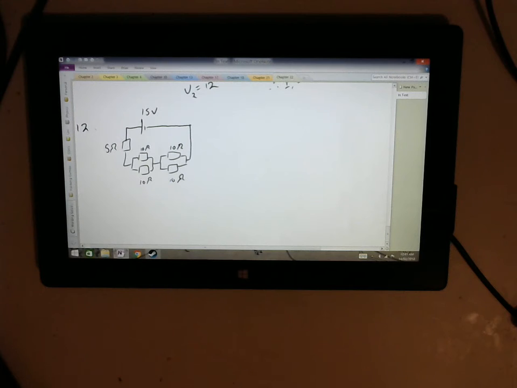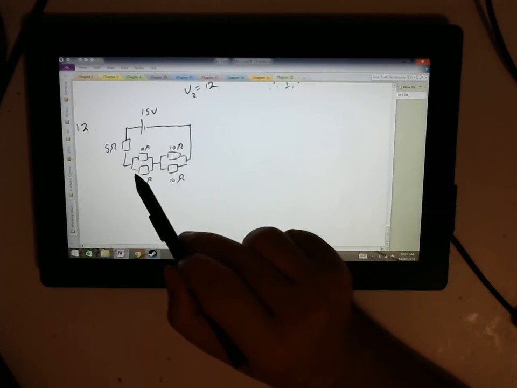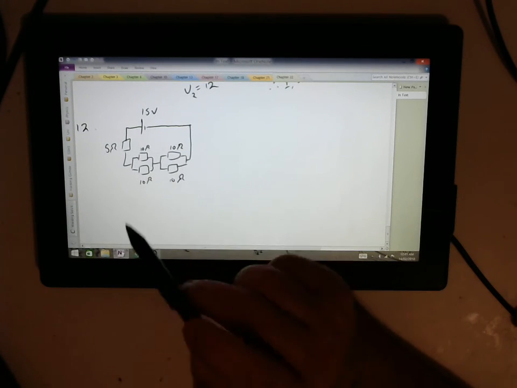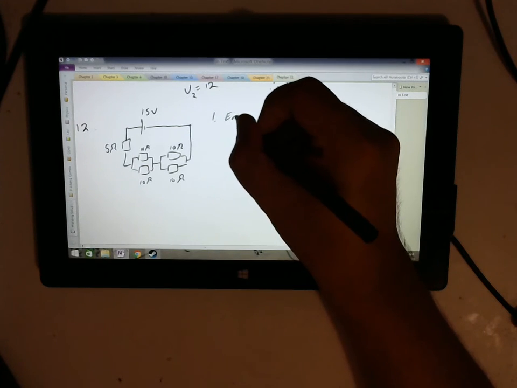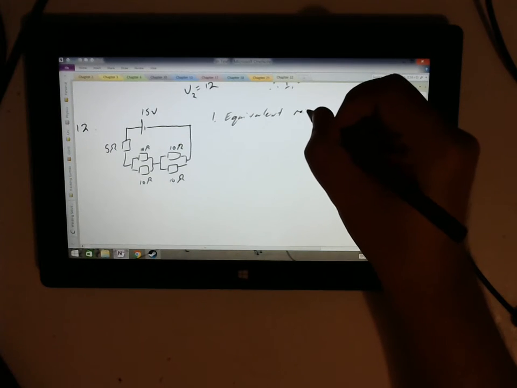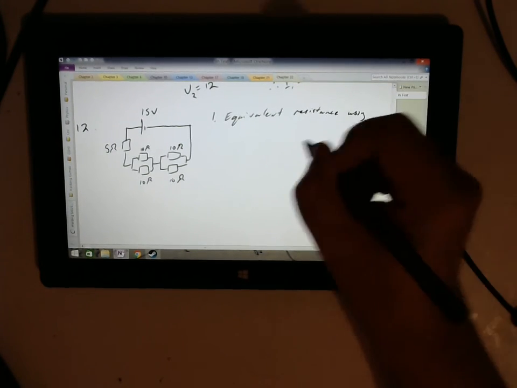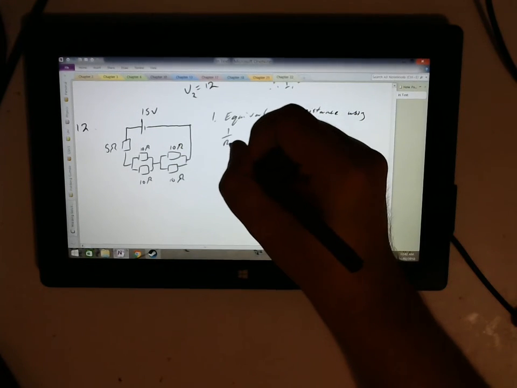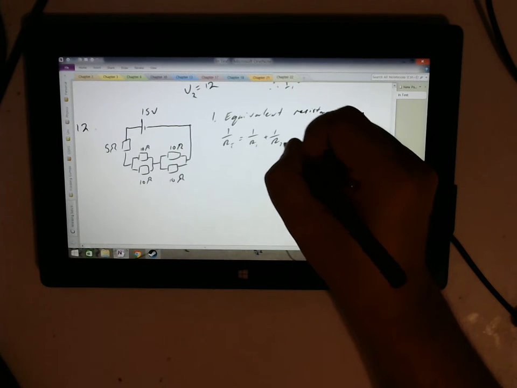We need to work out our total resistance for the circuit. And the good thing is these are both 2 sets of 10 ohms. So whatever this one is equivalent to, this one will be the same. So step one will be equivalent resistance using 1 over RT equals 1 over R1 plus 1 over R2.